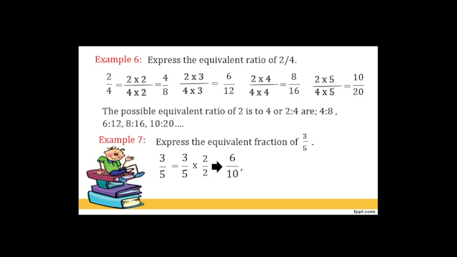And then again, multiply 3/5 by 3 over 3. So that is 9 over 15, and so on and so forth. Again, the equivalent ratios of 3/5 are 6/10, 9/15, and so on and so forth.